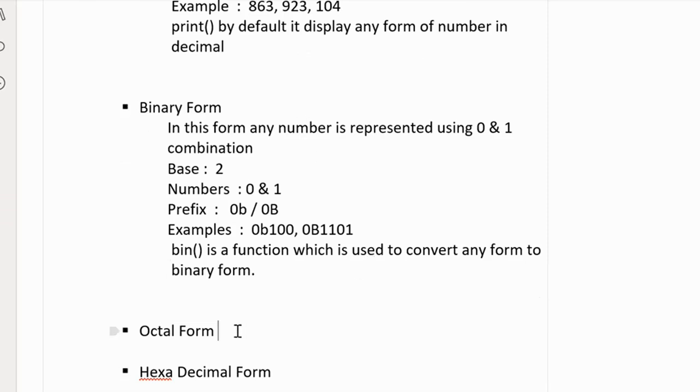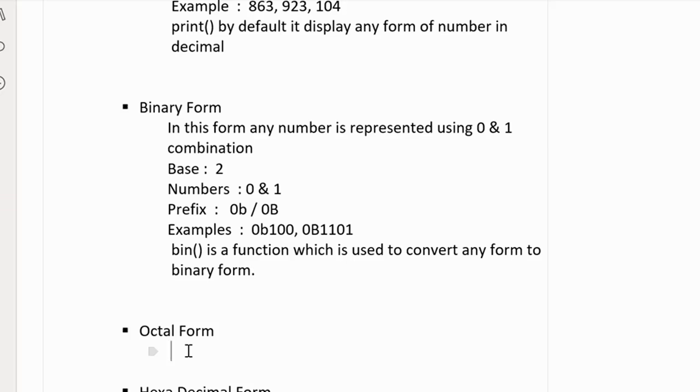Now let's talk about the octal form, guys. What is an octal form? In this form, any number is represented using the numbers between 0 and 7.